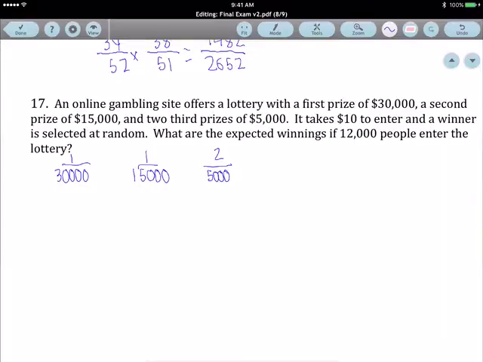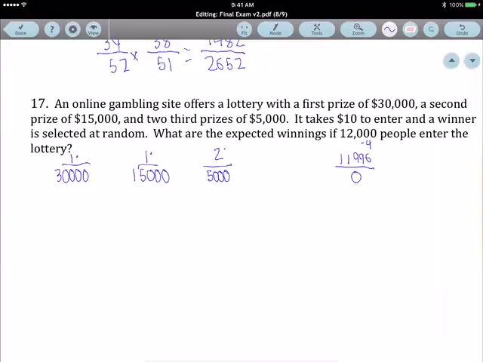So if we had one winner there, and 2 winners here, that's 4 winners. If you take 4 away from 12,000, there's 11,996 people who win nothing, right? Now, the part that a lot of times people forget is the person who gets first prize doesn't actually win $30,000.